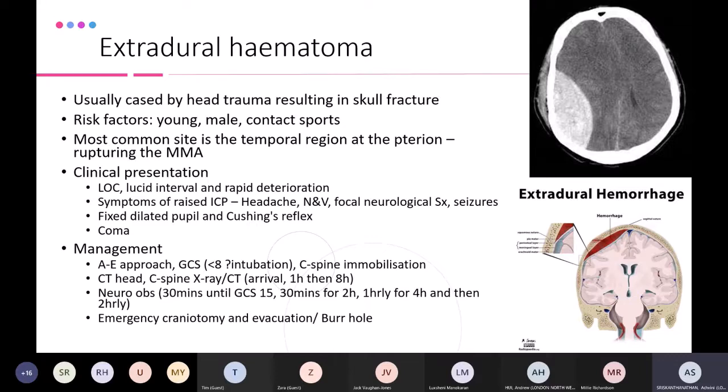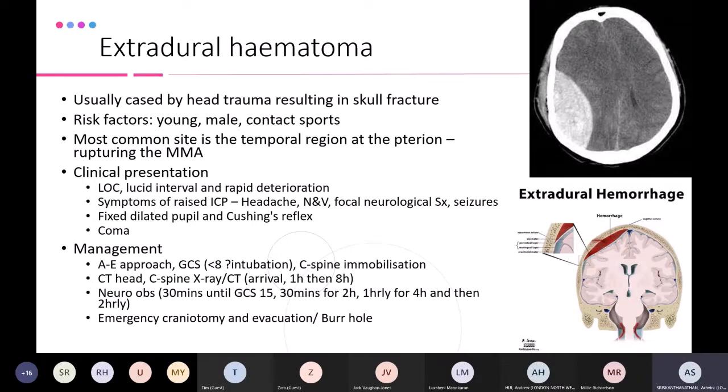So any GCS below 8, you'd consider intubation, but it does not mean you have to intubate them because the actual presentation might not reflect the number, which is why it's always useful to break down the GCS into your EVM. And if you had any sort of head trauma or any trauma, you'd want to also immobilize the C-spine until you know that's actually stable.